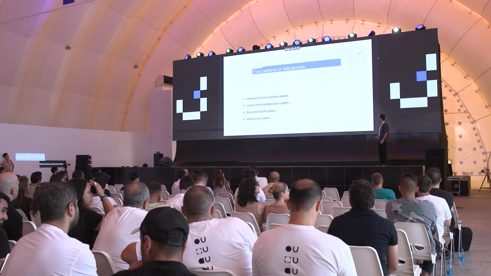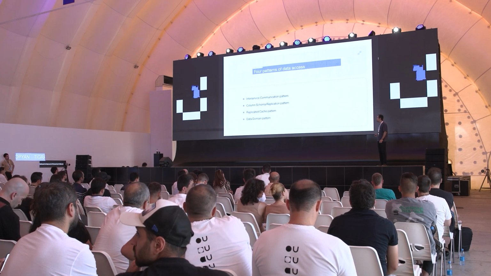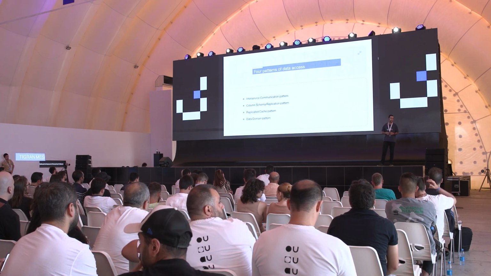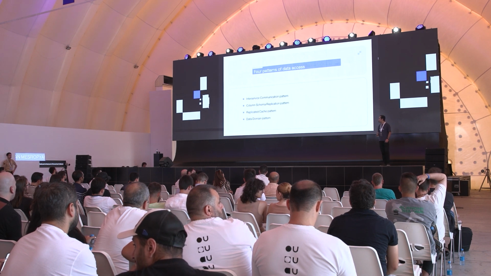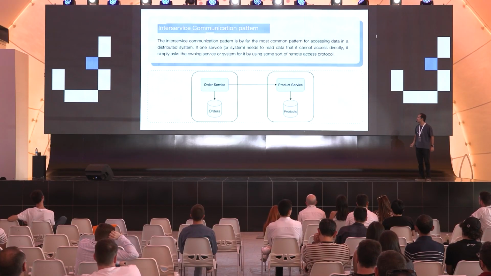That's why there are different patterns for data access. And today we are going to examine these 4 patterns: inter-service communication pattern, column schema replication pattern, replicated cache pattern, and data domain pattern.